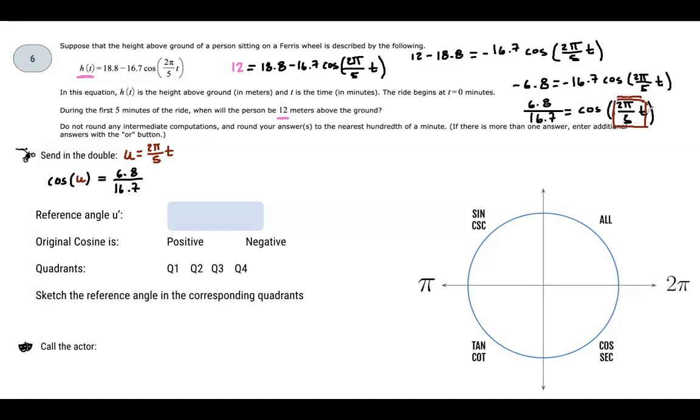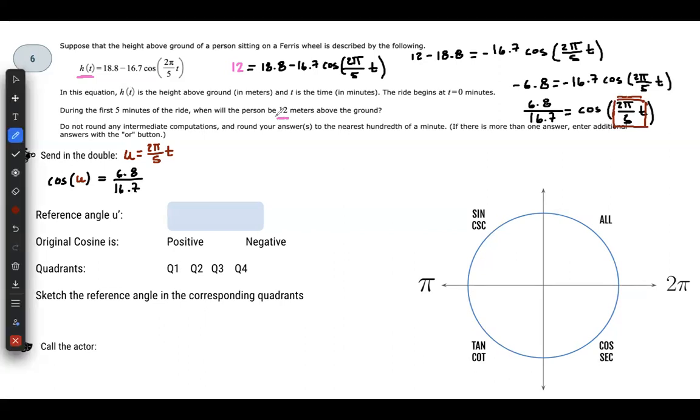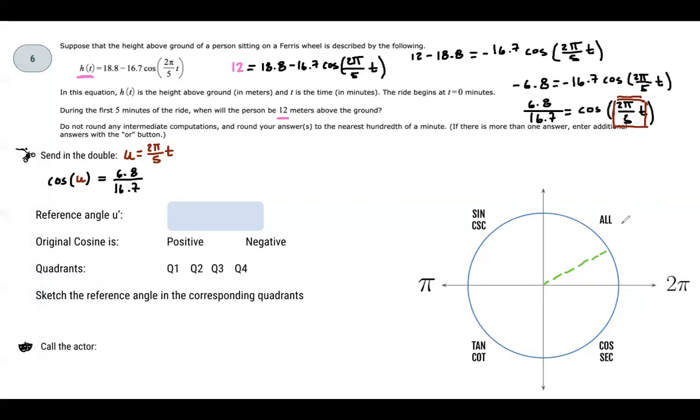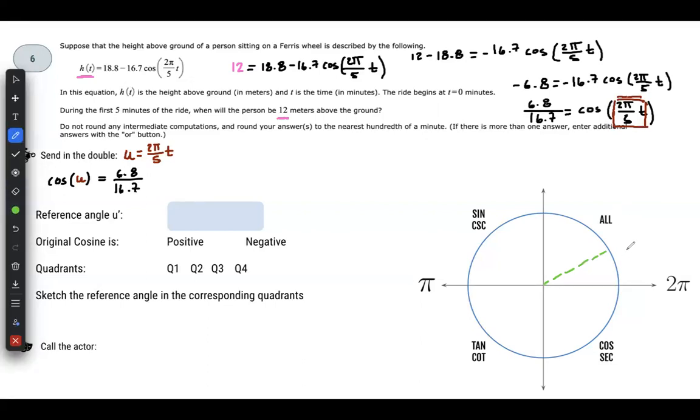Now, at this point, I'm gonna go back to problem 5, where I simply call the reference angle. And just remember the reference angle, I'm always gonna think of it as being here on the first quadrant. And cosine is 6.8 over 16.7. So I'm gonna say that x needs to be 6.8 over 16.7, comma y.